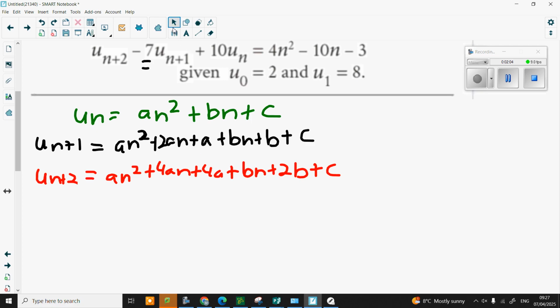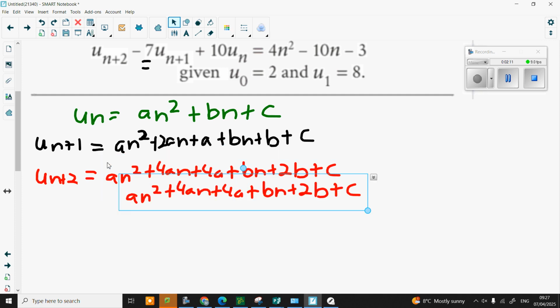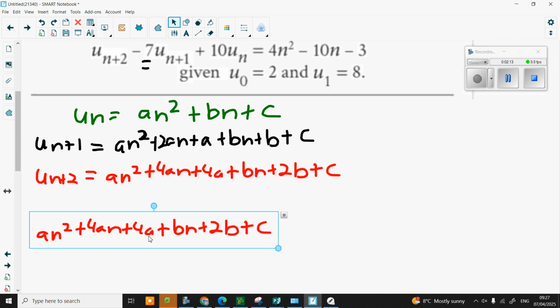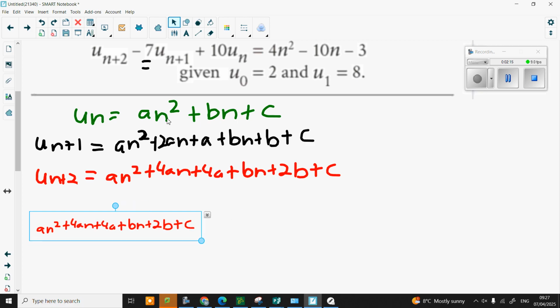So red one on its own. Okay, so that's your un plus 2 is your red one.